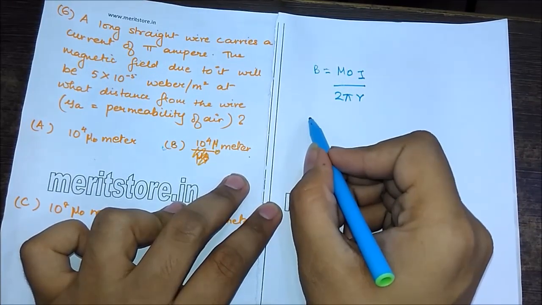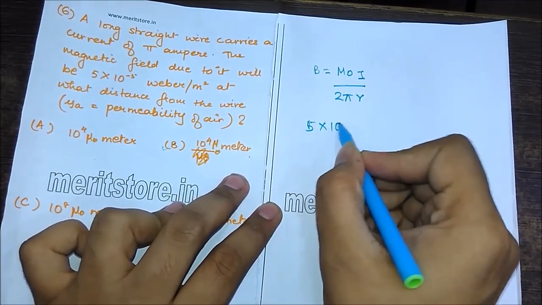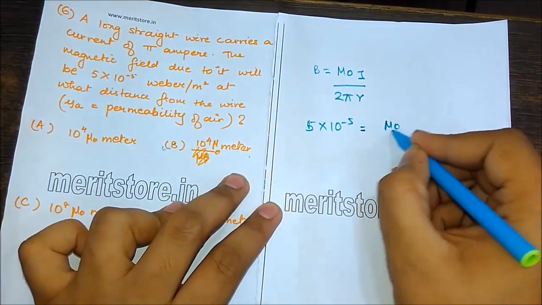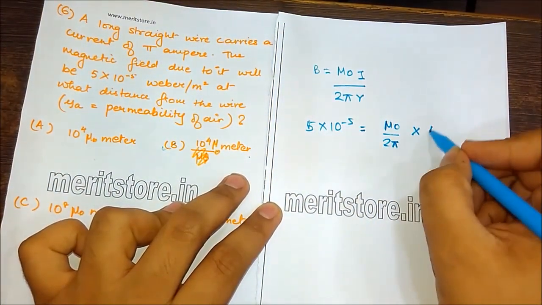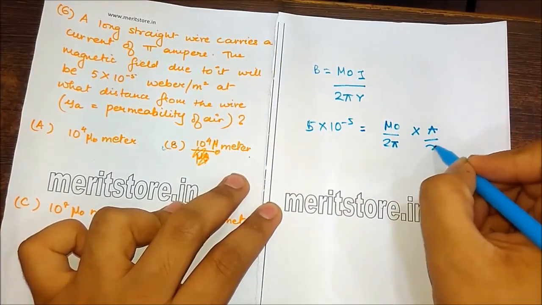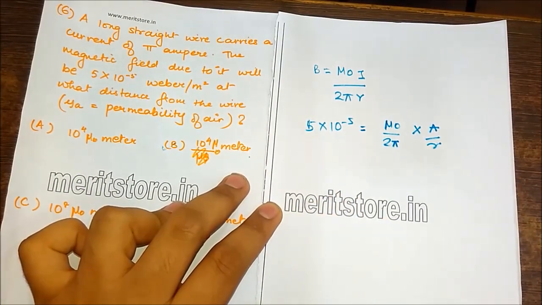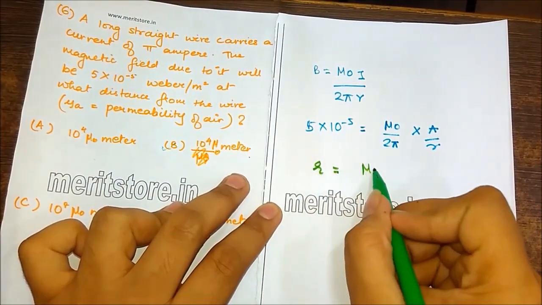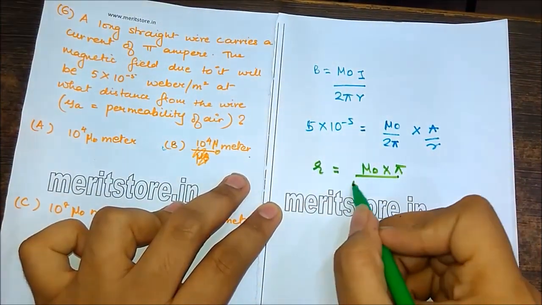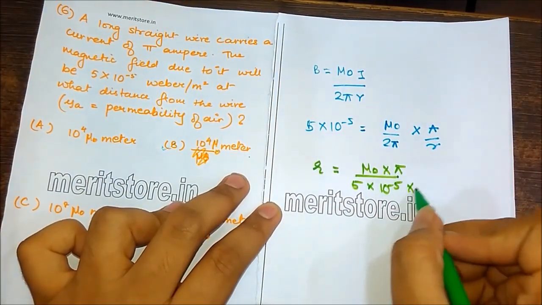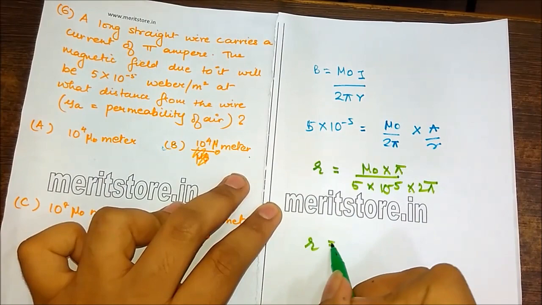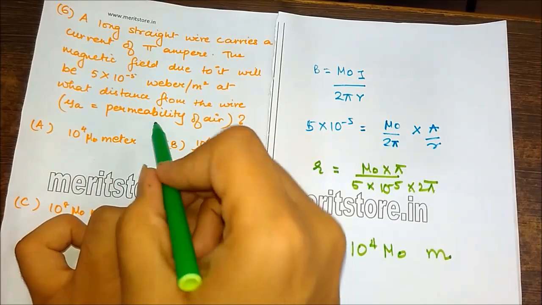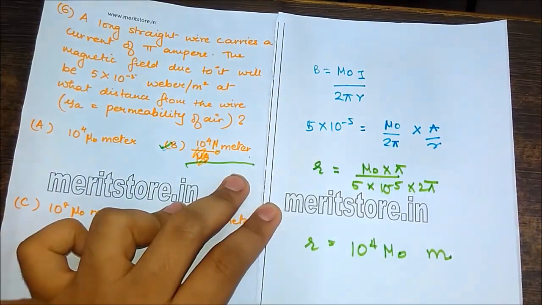Substituting the values, the magnetic field is already given. 5 into 10 raised to minus 5 is equal to mu 0 upon 2 pi into pi by r, which can now be written as r is equal to mu 0 into pi upon 5 into 10 raised to minus 5 into 2 pi, which on solving we get the value for r as 10 raised to 4 mu 0 meter. So option B, 10 raised to 4 mu 0 meter, is the correct answer.